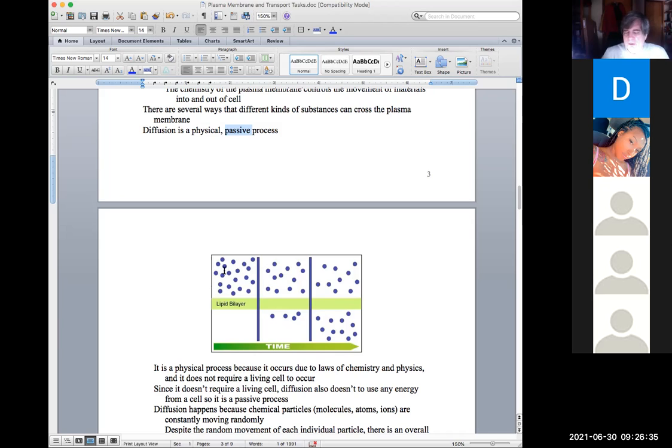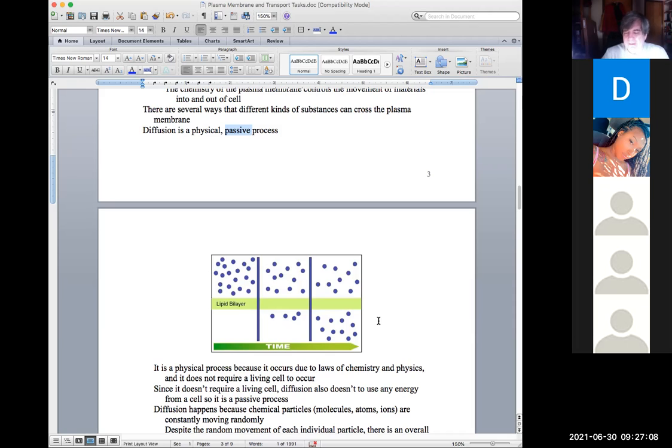They always diffuse from where they're at a high concentration, where there are a lot of them in a small area, to where they're at a low concentration, where there are fewer of them. And they keep diffusing, and after enough diffusion, the concentrations are equal everywhere. There are just as many chemical particles on the top side of this lipid bilayer as there are on the bottom side.